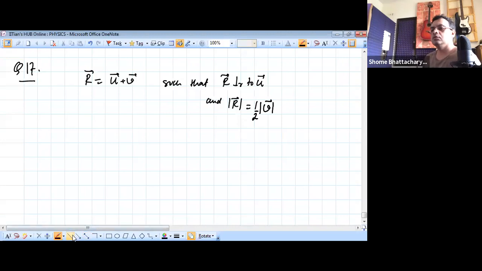So this is the vector u. Then the vector v will have to be something like this, so that the resultant is perpendicular.